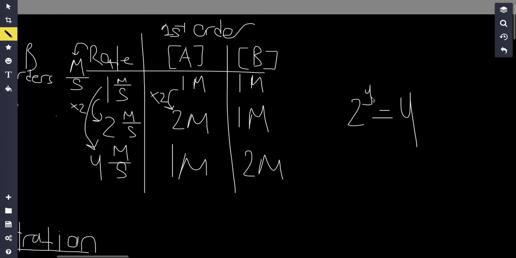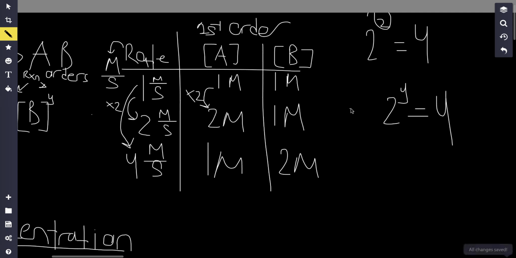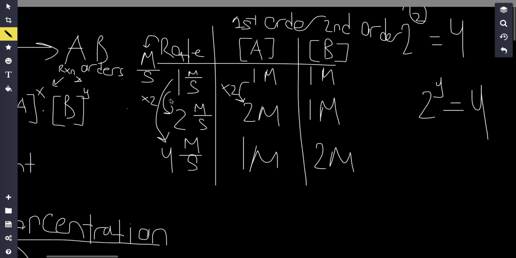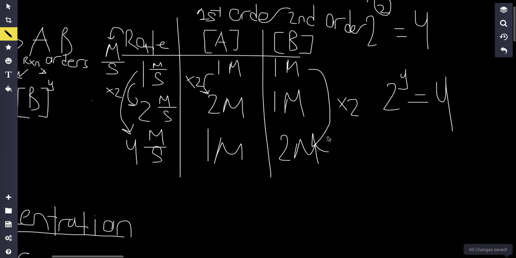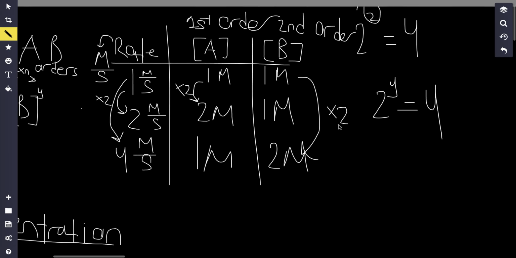So 2 to what power gives me 4? 2 to the second power gives me 4. Therefore, you would say that for the concentration of B, the reaction is second order with respect to B. That just means that if you increase the concentration of B, then the rate of the reaction is going to be whatever multiplier you have to the second power.